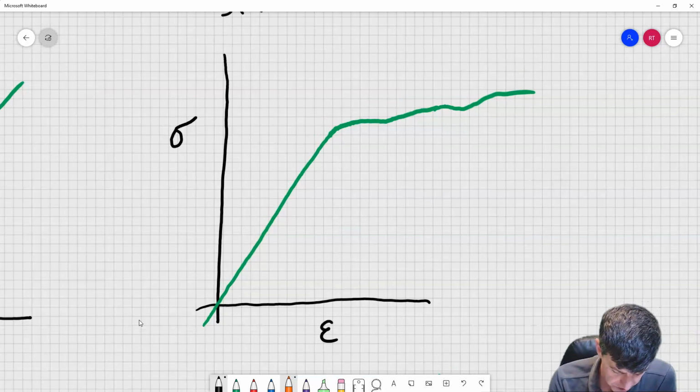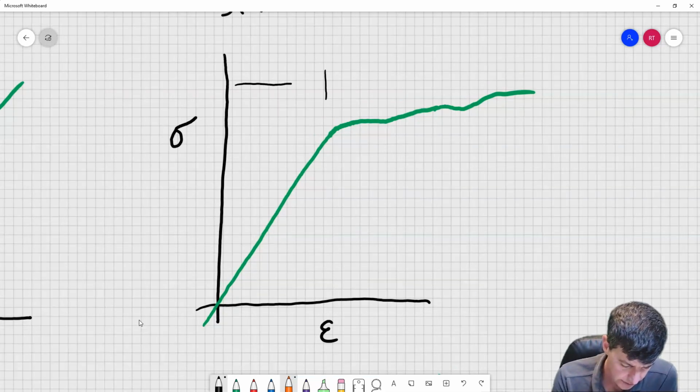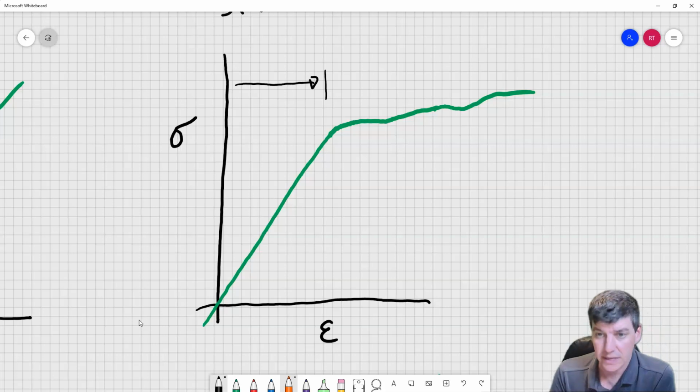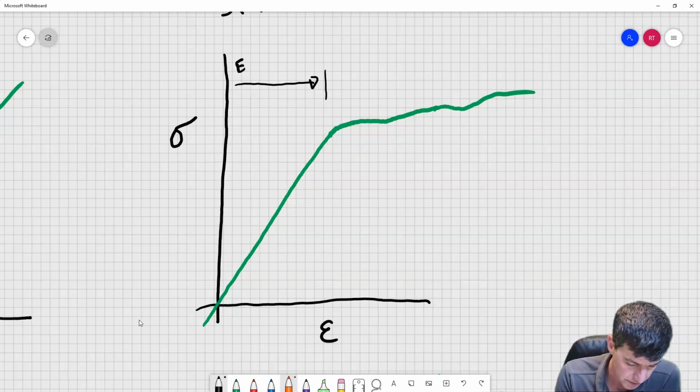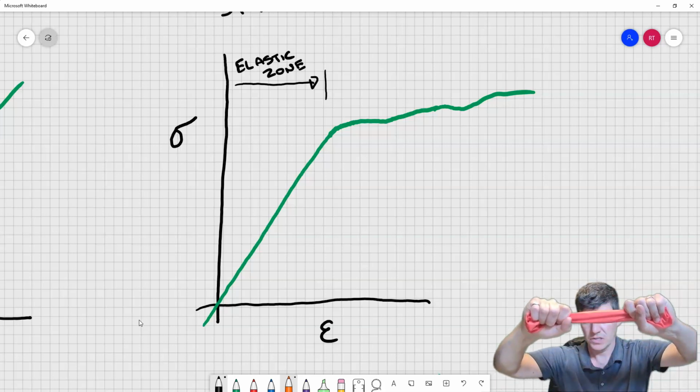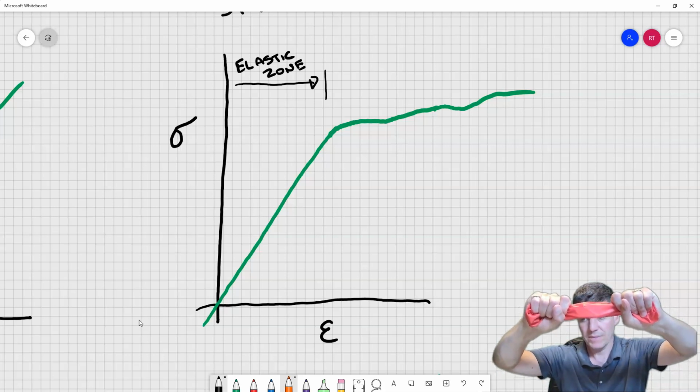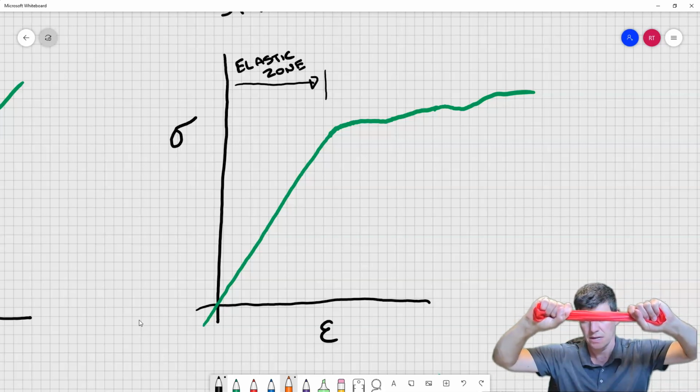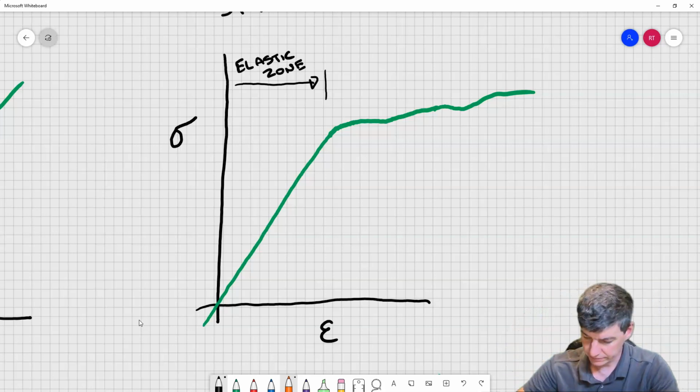We have this portion here where when we stretch it, it can return back to its normal spot, and it works in a predictable manner. This is what we call the elastic zone. It behaves like an elastic. The material can stretch and then go back to its original point.